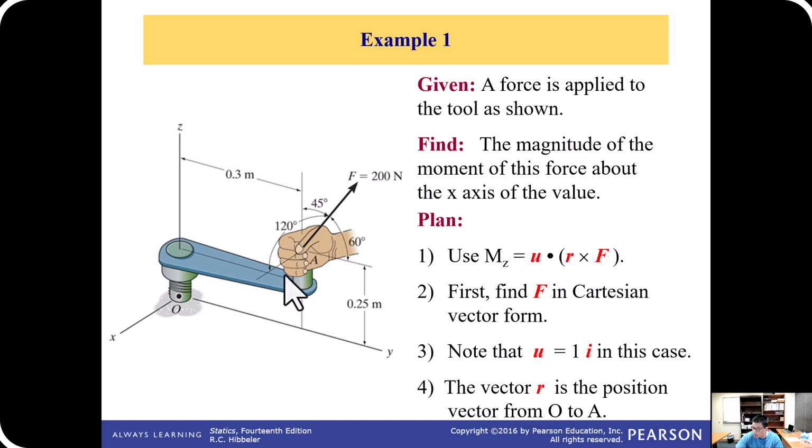As we discussed before, we can use the equation Mx equals u dot r cross F. First, we need to find F in Cartesian vector form, and u in this case will be 1i, because u is the unit vector of the x-axis. And the vector r is a position vector from O to A.